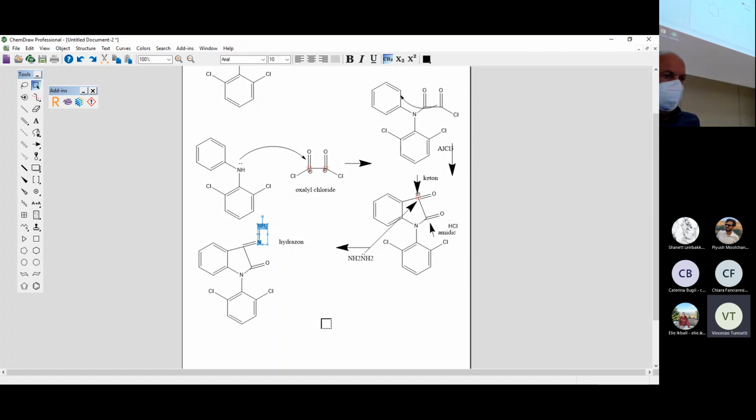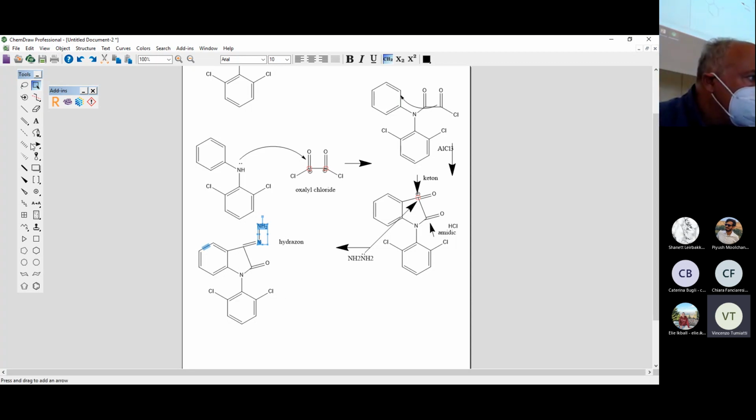Nitrogen is a gas. So we have the reduction of the carbonyl group by using hydrazine, because we have the formation of nitrogen as gas.